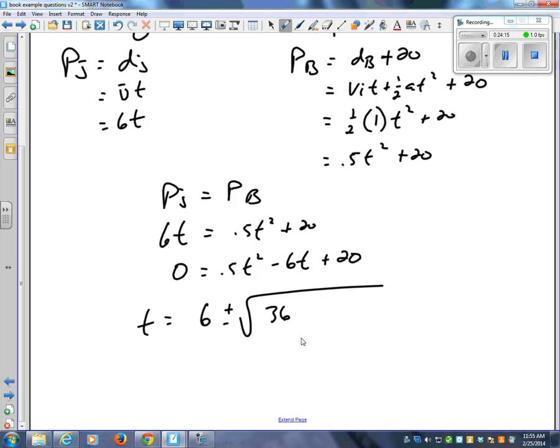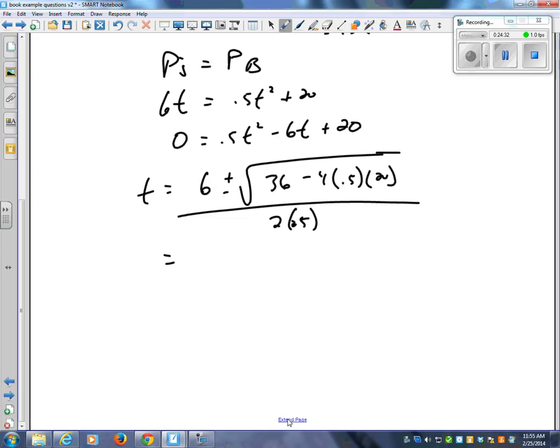So this is going to be 36 minus 4 times a, 0.5, times 20, all over 2 times 0.5. 4 times 0.5 is 2, times 20 is 40. 36 minus 40 is?